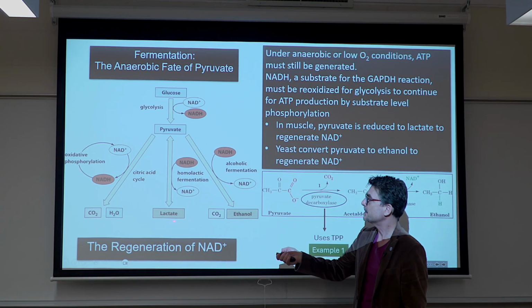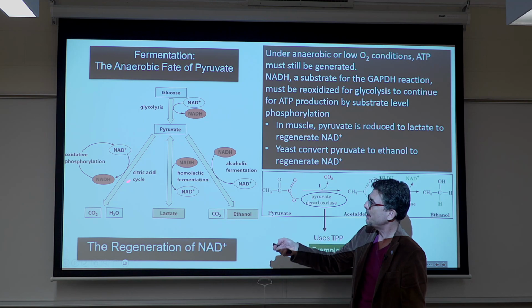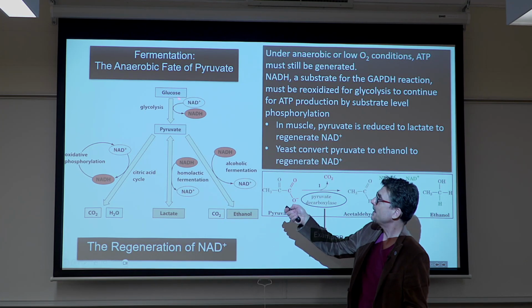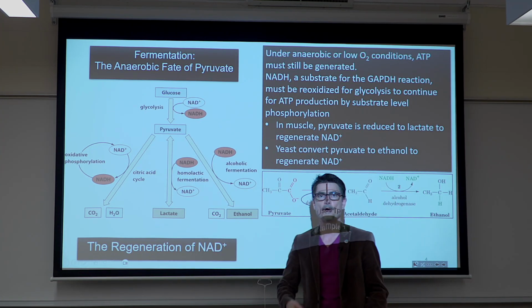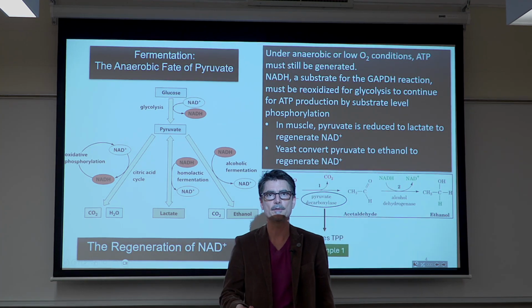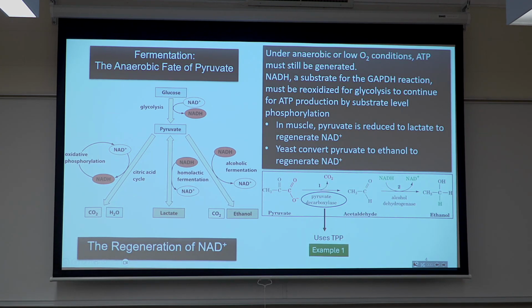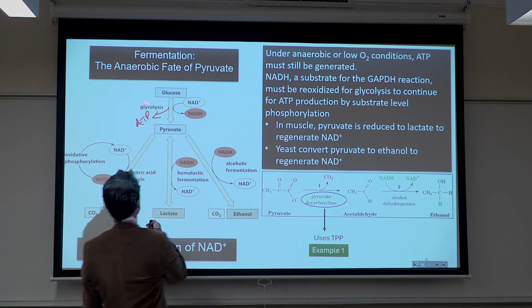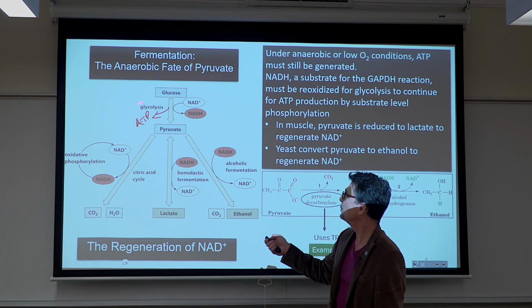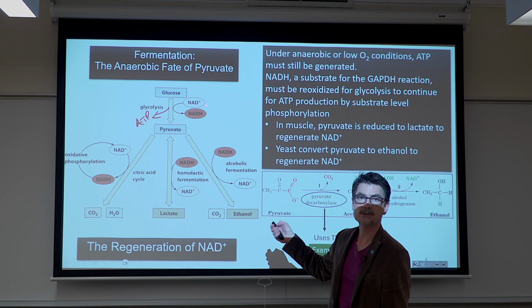The reason is, if we can't go here, how do we get our ATP? Instead, we run glycolysis over and over again, because for every round of glycolysis we're getting ATP molecules out of it. And we use that to drive our muscles. But to do so, we need NAD+.